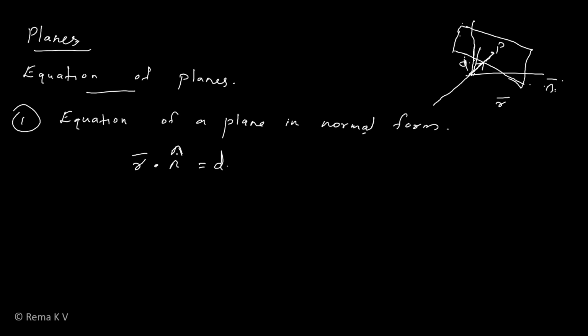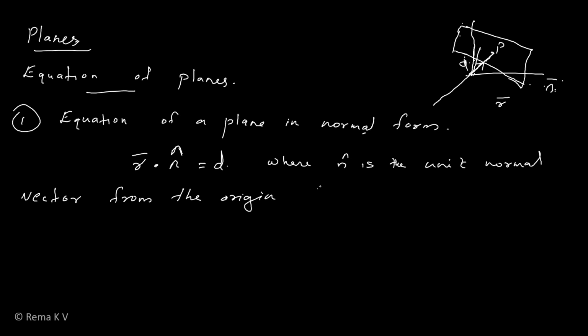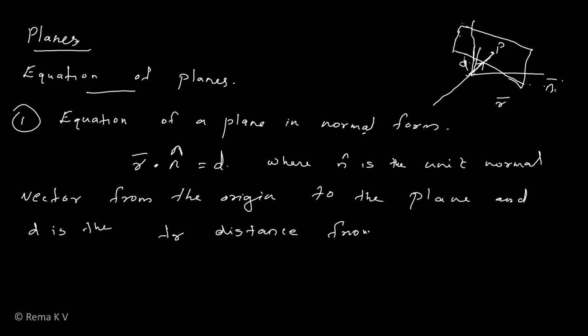N cap means it is the unit normal vector from the origin to the plane, and D is the perpendicular distance from the origin to the plane.